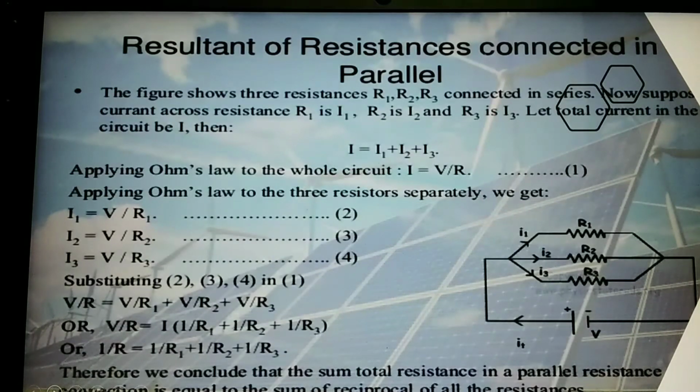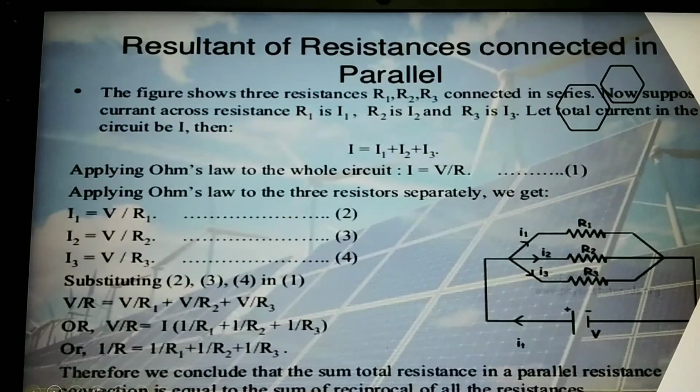Let total current in the circuit be I, then I equals I1 plus I2 plus I3. Applying Ohm's law to the whole circuit, I equals V by R. Applying Ohm's law to the three resistors separately, we get I1 equals V by R1, I2 equals V by R2, I3 equals V by R3.